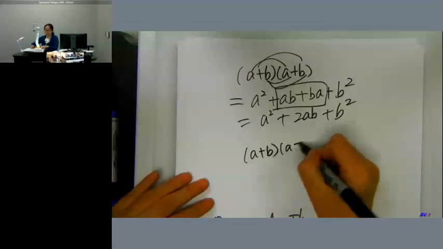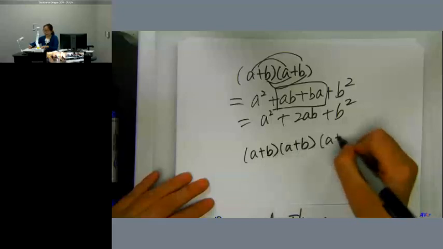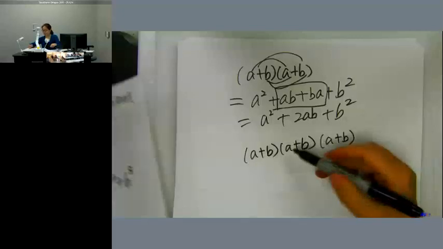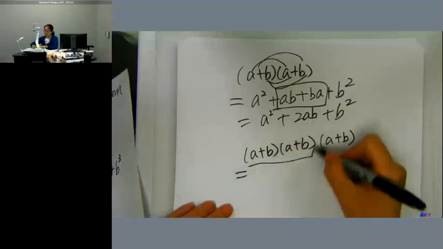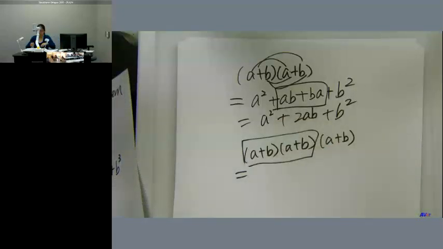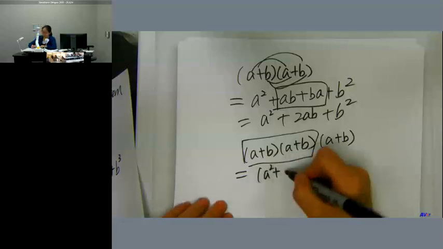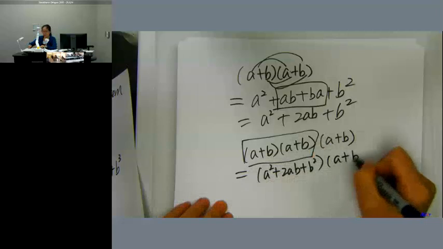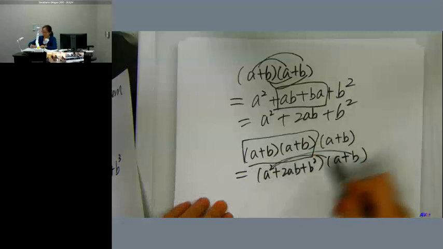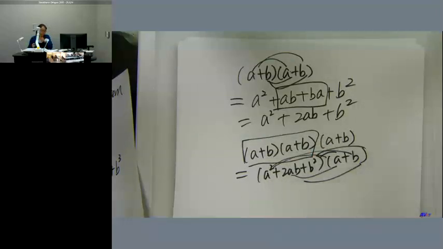Yes, you got to do 3 copies. You have to do a plus b times a plus b times a plus b, 3 times. And when you do that, you multiply the first two. You get a squared plus 2ab plus b squared, and then multiply with a plus b. And you got to distribute, and combine like terms.